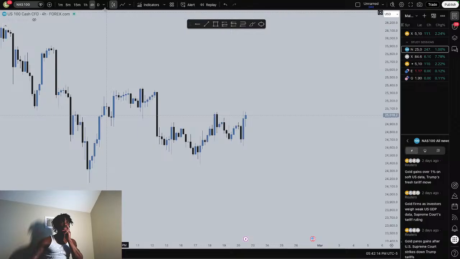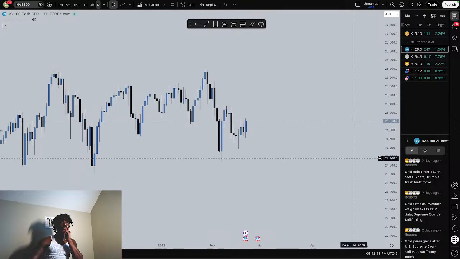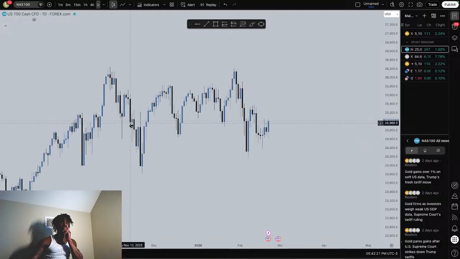Nas is trading sideways. Nas is still overall ranging, especially on a daily time frame. It's bullish, but it's still ranging, and it's been ranging for a while. And if I have two pairs and one of them is ranging and the other is trending, I'm clearly going to focus on the pair that's actually trending.